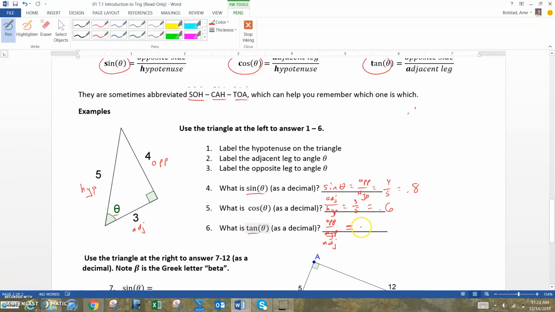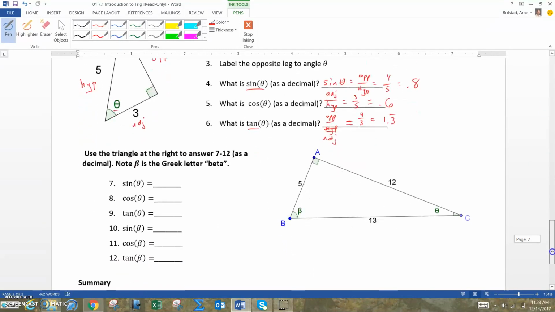And this will be an exact value, I'm pretty sure. We get the opposite side 4 over 3, which is actually 1.3 repeating. All right, so SOHCAHTOA: sine is the opposite over hypotenuse, cosine is the adjacent over hypotenuse, and tangent is the opposite over the adjacent. We're almost there, folks.